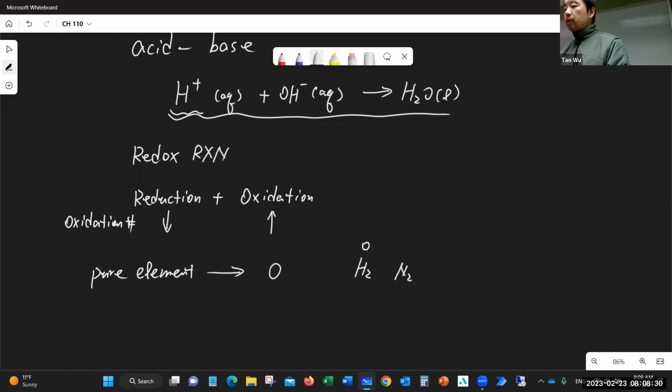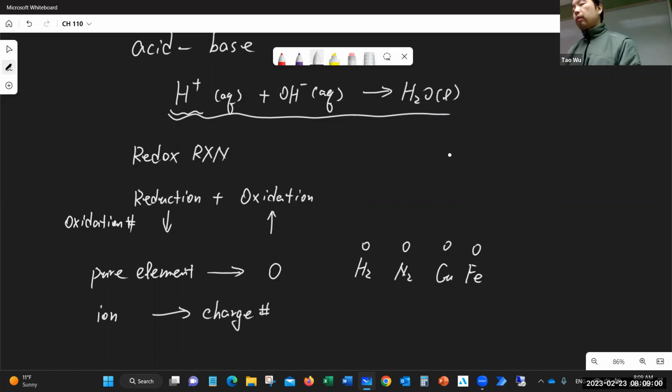Nitrogen gas, the oxidation number for each of those atoms is 0. Or pure copper, the oxidation number is still 0. Pure iron, still 0. As long as it's an element, it's 0, by definition. And for an ion, the oxidation number is equal to the charge number.